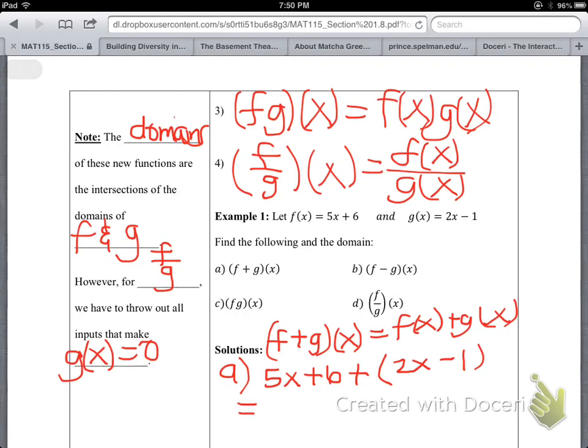And so this equals 5x plus, I'm going to put the like terms together, plus 2x plus 6 minus 1, and so the final answer would be 7x plus 5.